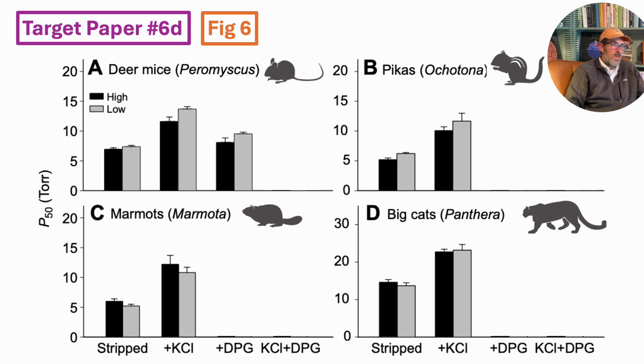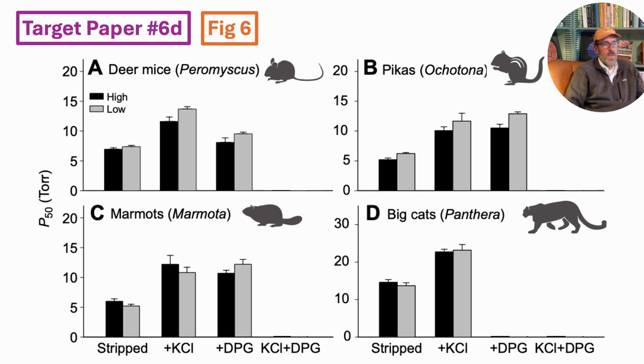What about DPG? Same sort of trend, maybe significant, maybe not in deer mice. In pikas, a little bit more, but in marmots, it goes actually now in the predicted trend. But look at the KCl versus DPG in marmots, it just flips around, and big cats, not anything really, no big difference.